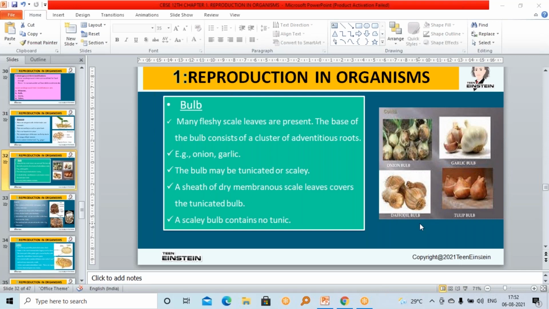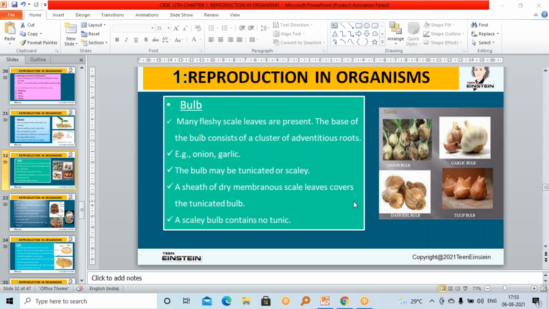Each bulblet or clove is covered by an individual tunic. In the case of onion, it is a single, membranous layer. But in the case of garlic, the whole thing is an aggregate of so many bulblets. Each bulblet is separately covered. There is a separate tunic cover for each clove.